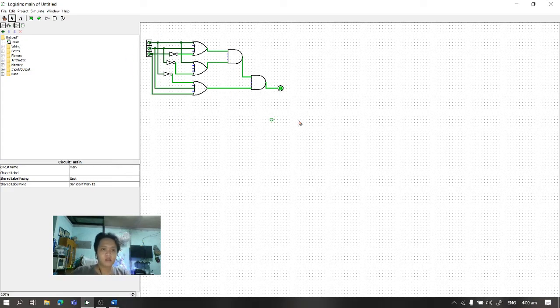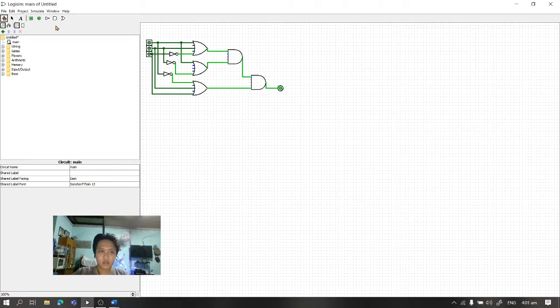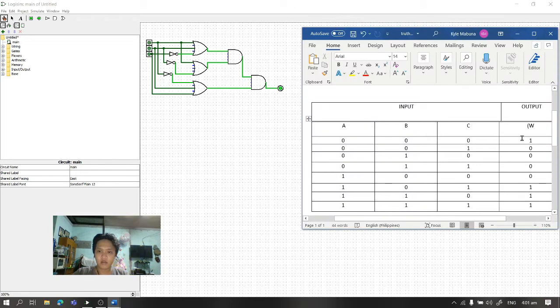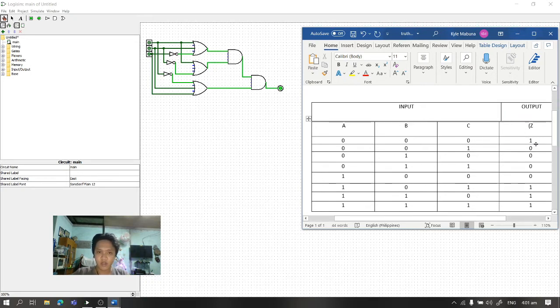Okay, so we should start the truth table. For the first one, if inputs A, B, and C are off, then the output is 1.